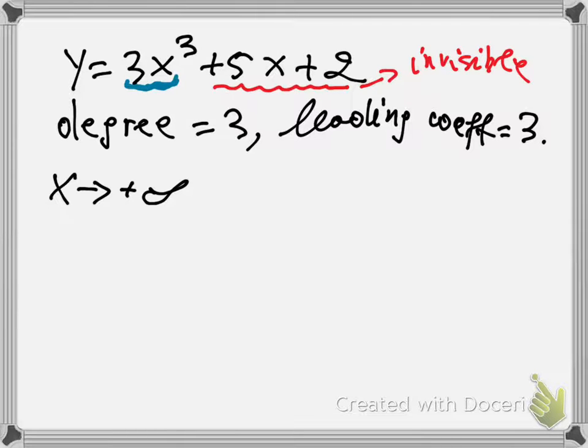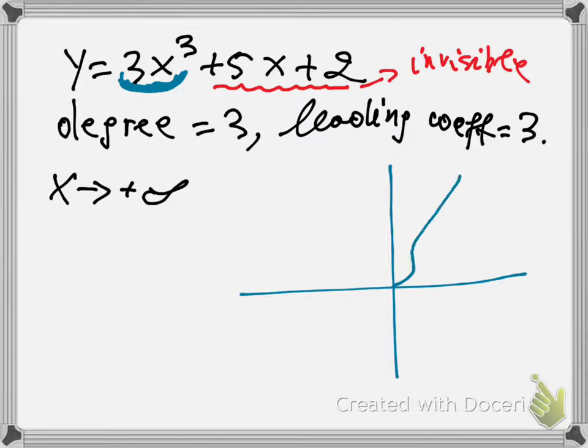Okay, so instead of looking at the whole value by plugging in x values for every x, we're going to look at only the leading term. So when x goes to infinity, what happens to 3x to the third? So 3x to the third is like x to the third. So we kind of got to remember these graphs.